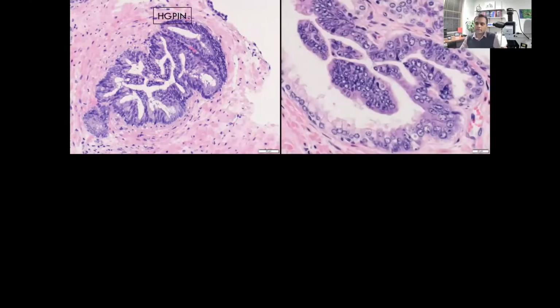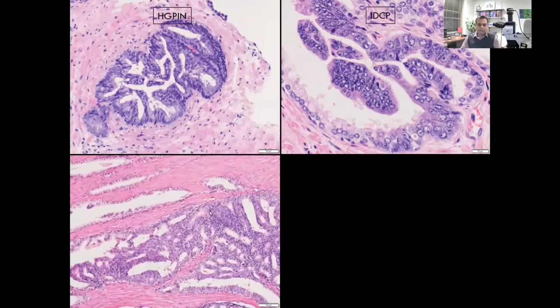In contrast, in intraductal carcinoma, you can see that the nuclear atypia is much more marked, right? It's very anaplastic over here, and even if you go towards the center, it still maintains its high-grade characteristic and it doesn't shrink down like this. The other way you can diagnose intraductal carcinoma is when there is a very complex cribriform proliferation, as I mentioned earlier.